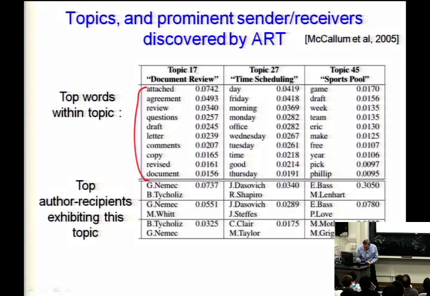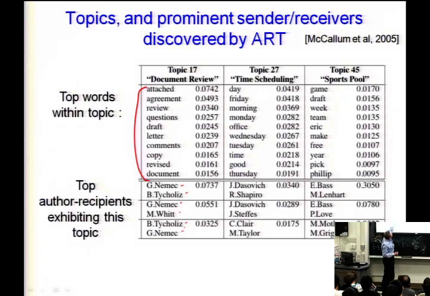And this topic is generated by author-recipient pairs like Nemec and Teicholiz, or Nemec and Witt, or Teicholiz and Nemec. Okay, so he sends to him emails with that topic, and in the other direction we also see that topic being discussed.